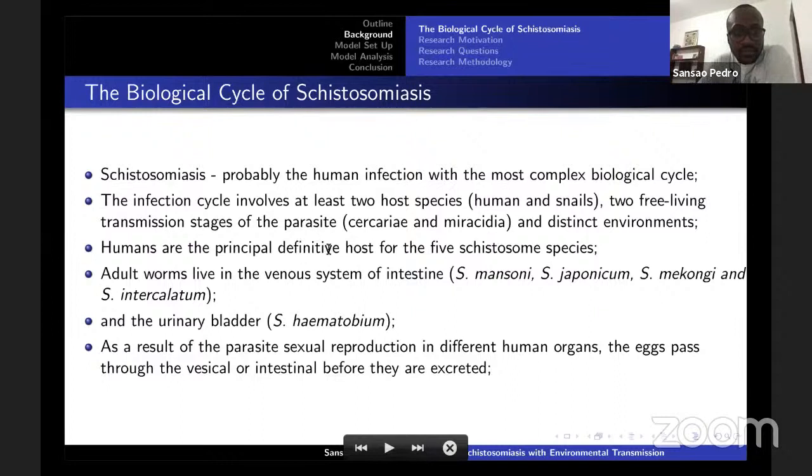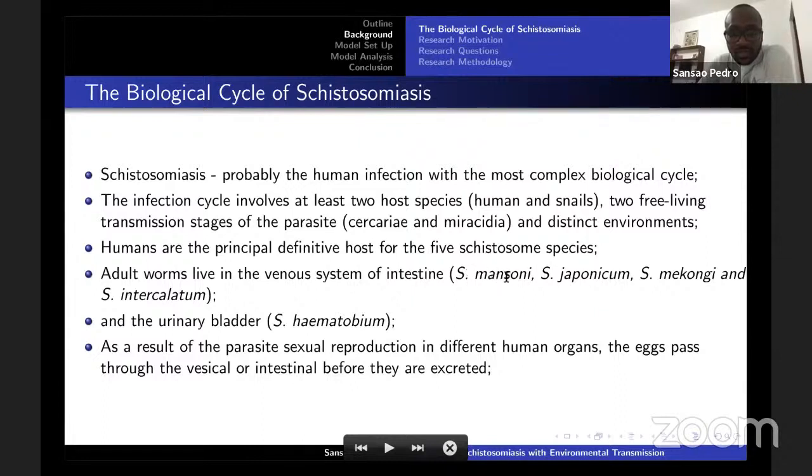Humans are the main definitive host for the 5 schistosome species that we have mentioned, but after they have passed the larval stage, they can be divided into the 2 forms that I mentioned before. We have those that at their adult stage go to the intestine.